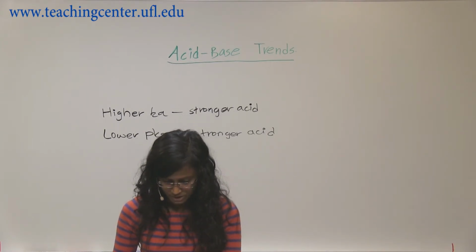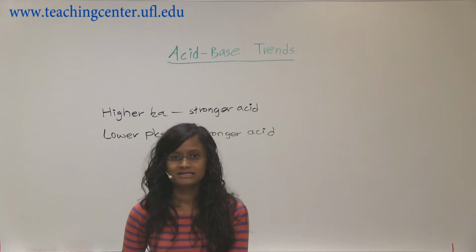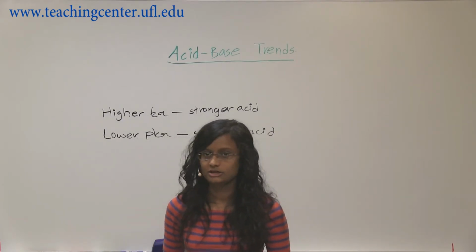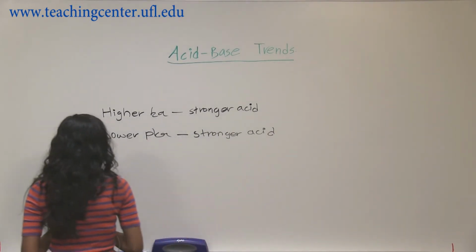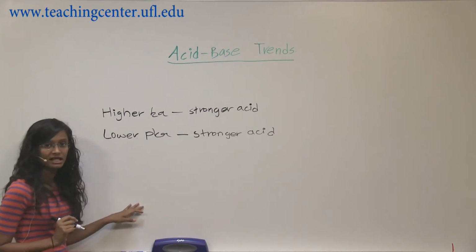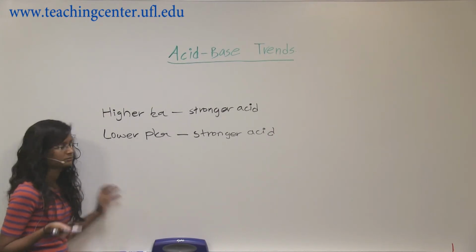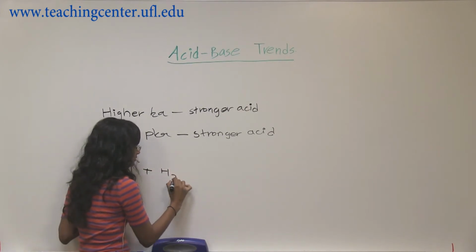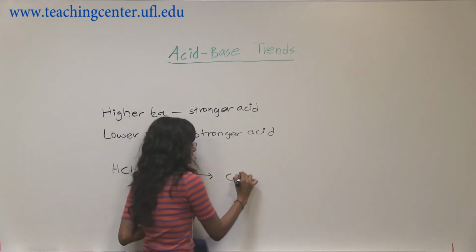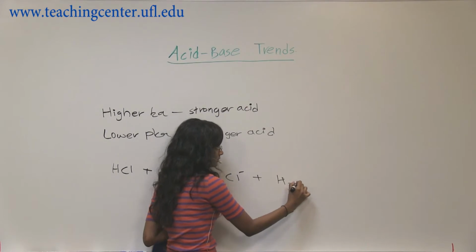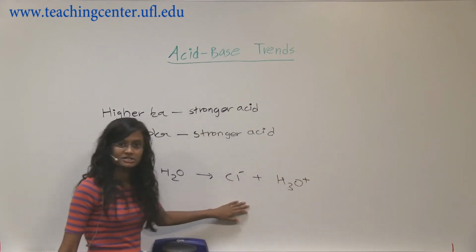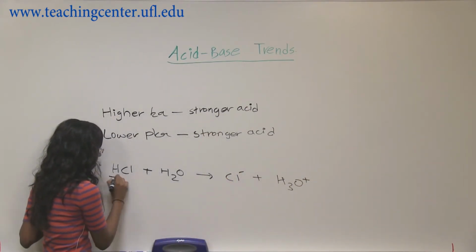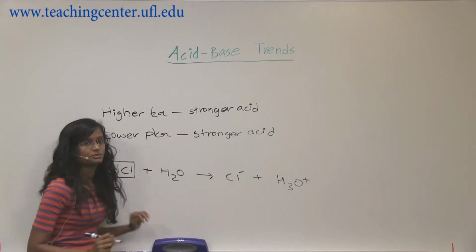Now, about the more stable and less stable conjugate bases. In that case, think about the HCl example that you all obviously know by now. HCl plus water goes to Cl minus and H3O plus. This reaction, you know your acid is super duper strong.